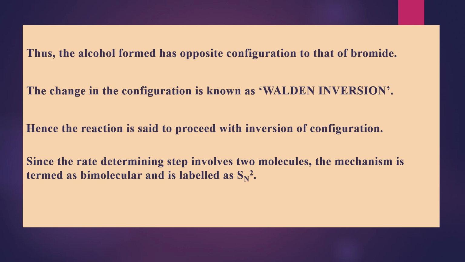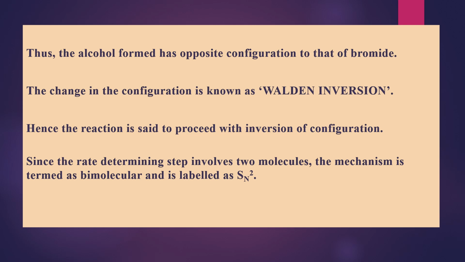Here the reaction is said to proceed with inversion of configuration, and since the rate determining step involves two molecules, the mechanism is termed bimolecular and is labeled as SN2. Okay, so the rate determining step involves two molecules. What are they, students? Methyl bromide plus the nucleophile, that is OH minus.